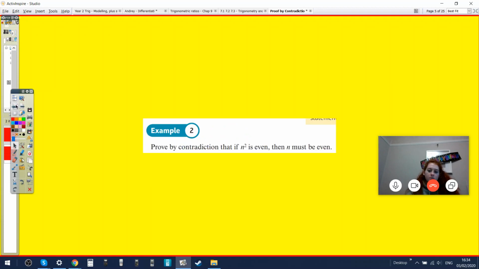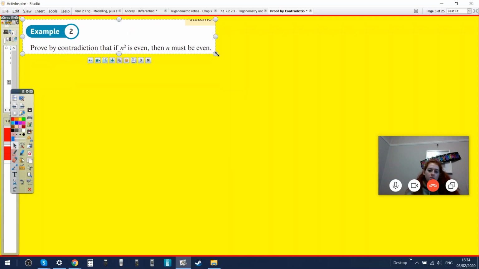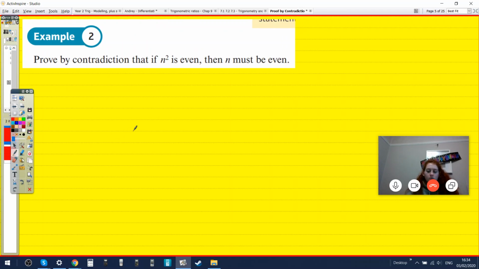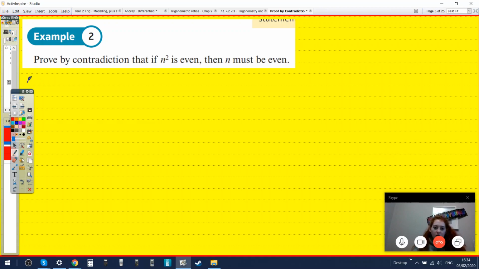Let me see this one. Yeah, okay, let's try this one. It's very similar. So if we assume that if n squared is even, that n is odd.